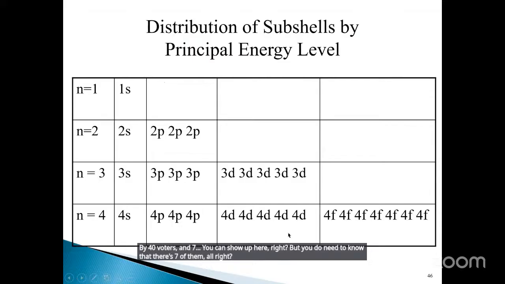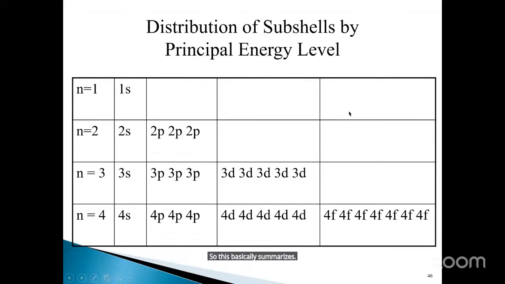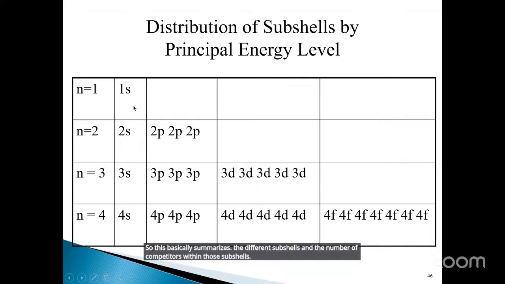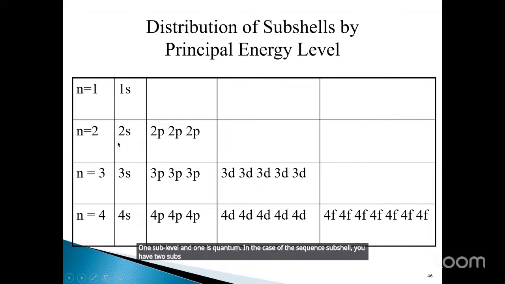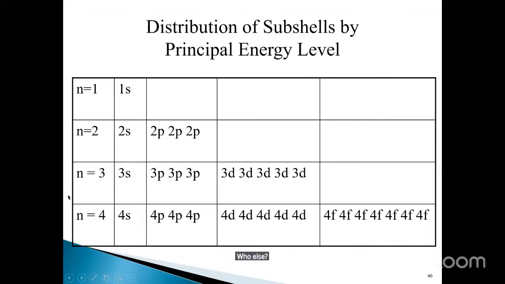So this basically summarizes the different subshells and the number of orbitals within those subshells for the different shells, right? So for the first shell, there's 1 sublevel and 1 orbital, that's the 1s orbital. In the case of the second shell, you have 2 subshells, 2s and 3 2p's. In the case of the third shell, you have 3s, 1 of them, 3 3p orbitals in the 3p subshell, and 5 3d orbitals in the 3d subshell.